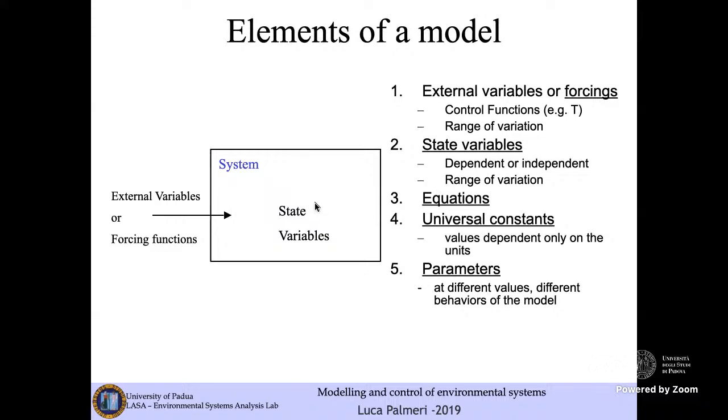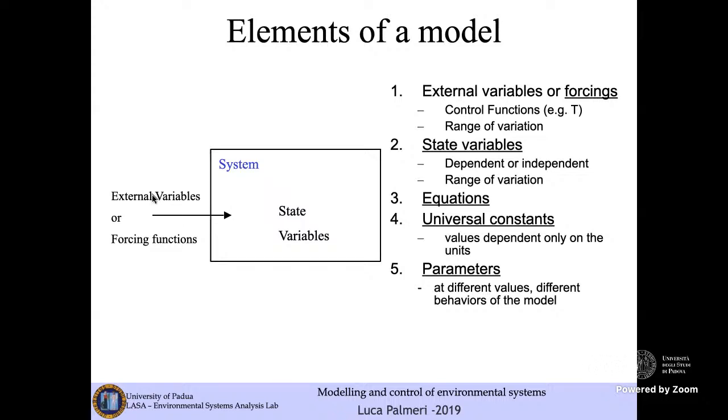The system is described inside in terms of states by what we may call state variables, while the external environment acts on the behavior of a system through what we may call external variables, or most often referred to as forcing functions. So when I ask you which are the 5 elements of the ecological or environmental model, first of all, we shall list external variables or forcing functions.